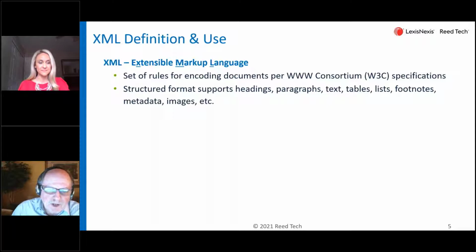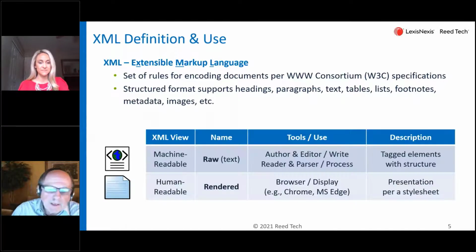So XML is an abbreviation for Extensible Markup Language, and it is a particular set of rules that allow you to put various text, paragraphs, tables, footnotes, lists, headings, and so on, and you're able to capture all that into a particular format.